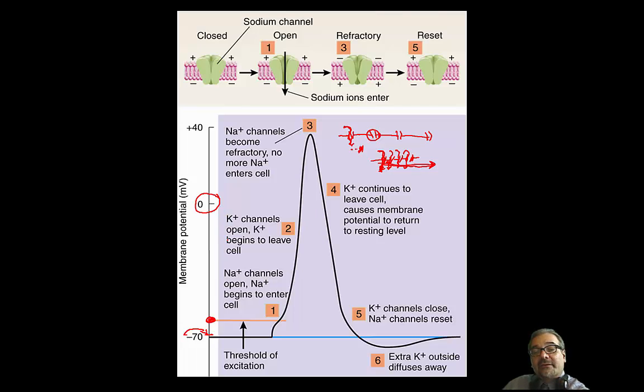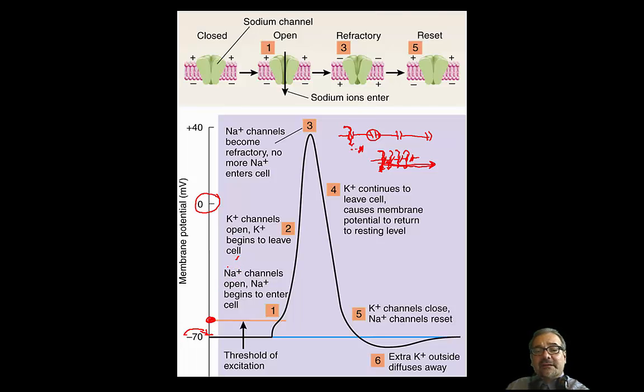This is called, again, the threshold of excitation, and it happens because there is a concentration of a type of channels in a certain area, specifically the axon hillock that I highlighted in an earlier segment of this series of videos.